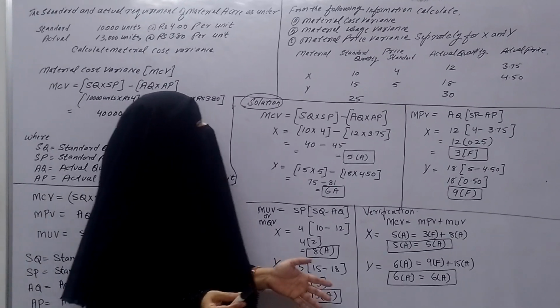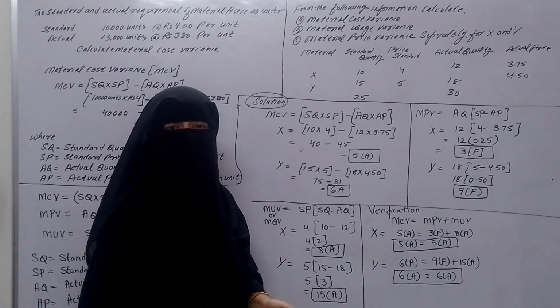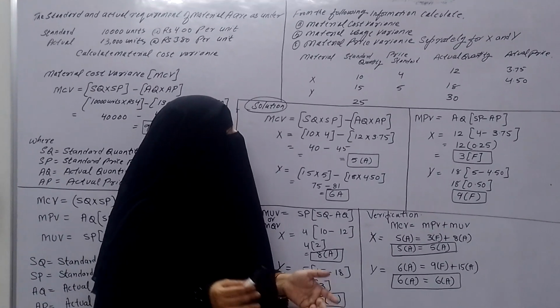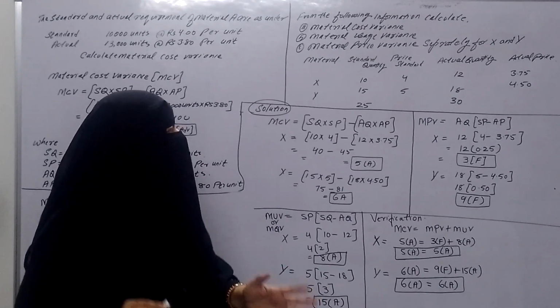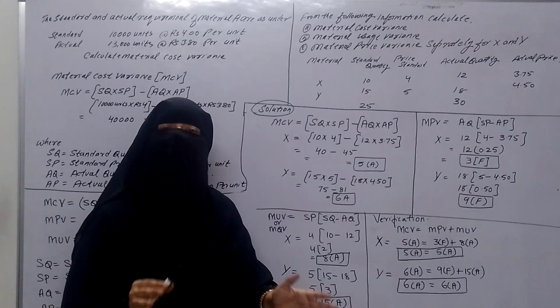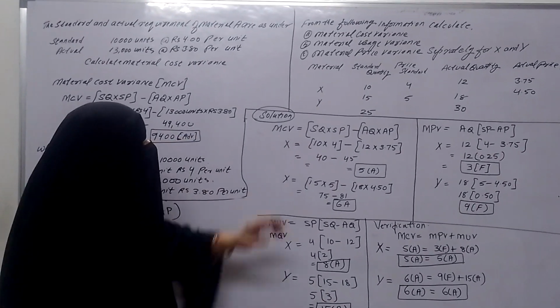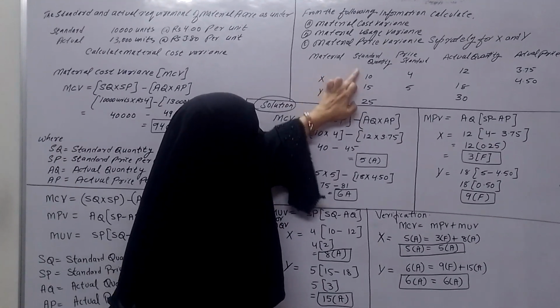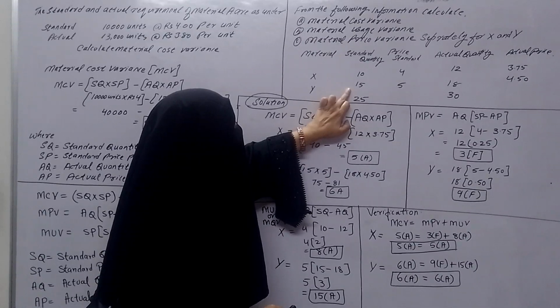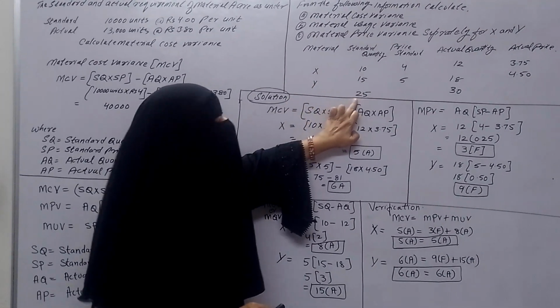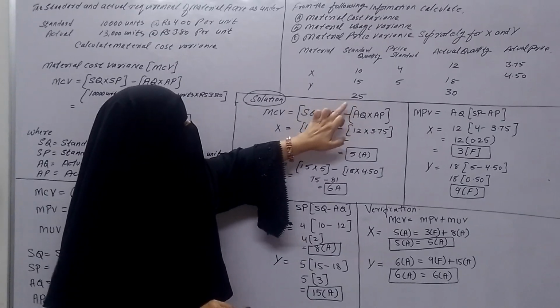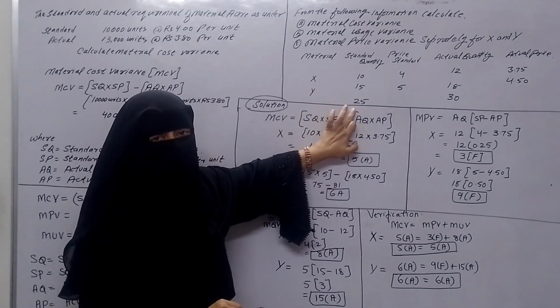All the information is given: standard quantity, standard price, actual quantity and actual price. Simply substitute in the formulas. In this question, standard quantity for X is 10 and for Y is 15, and the total 25 is the total quantity.